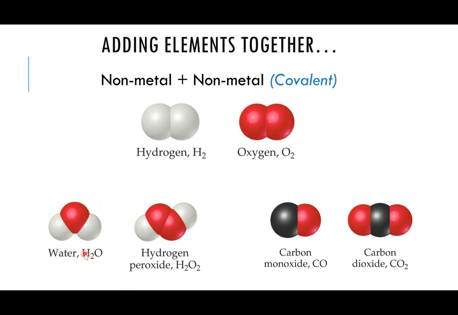So water, for example, is one oxygen atom bound to two hydrogen atoms. So we know water exists, right? Well, hydrogen peroxide is two oxygen atoms and still only two hydrogen atoms. So we see this variety in the number of atoms that can come together.